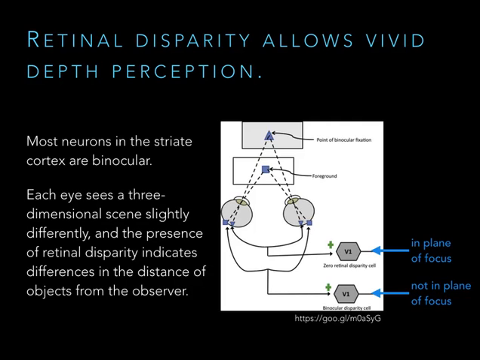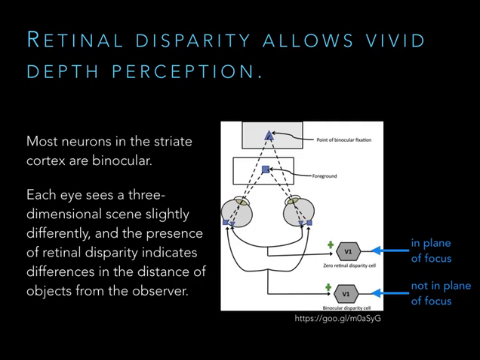So the point of fixation for both eyes is that triangle. That's what's going to hit the fovea, and so some of the neurons in V1, in the striate cortex, will be active when the object's in the plane of focus. And so those neurons will tell you that you are looking at this image.